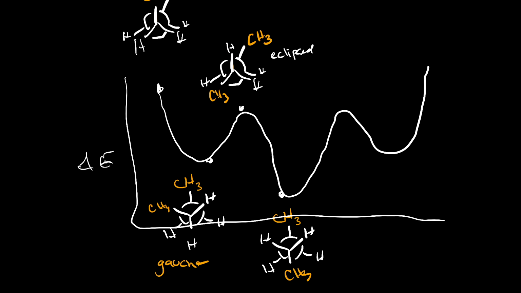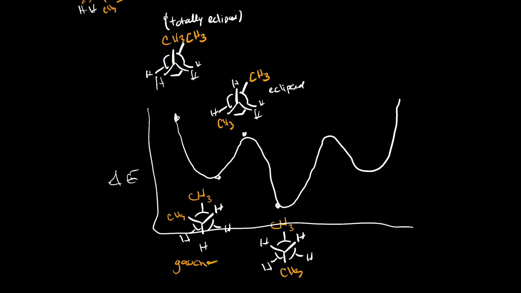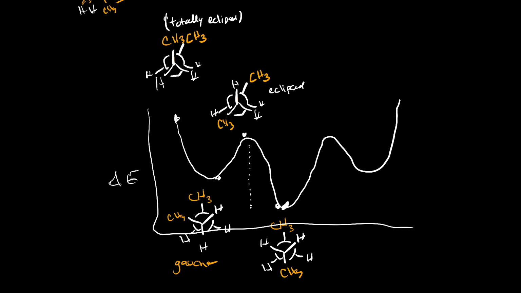Now, the energetics of this, if you want to know, we'd set our absolute relative minimum to be this anti configuration. And so the first gauche level from here down to here, that's actually got a higher energy. Okay, so that's about 16 kilojoules per mole.